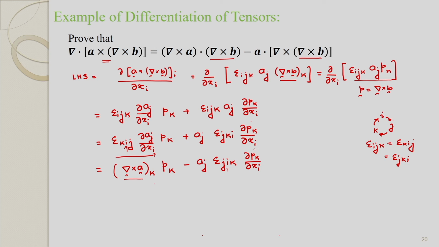We should maintain the sign as per this convention. So, this is nothing but the dot product between two vectors, and this we can write as curl of P j.